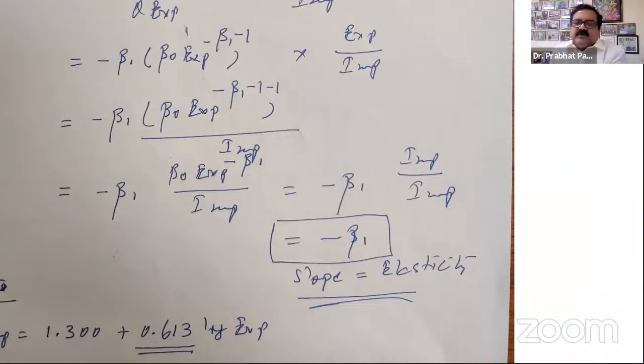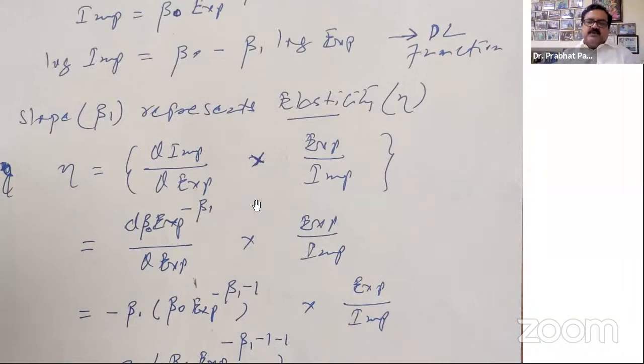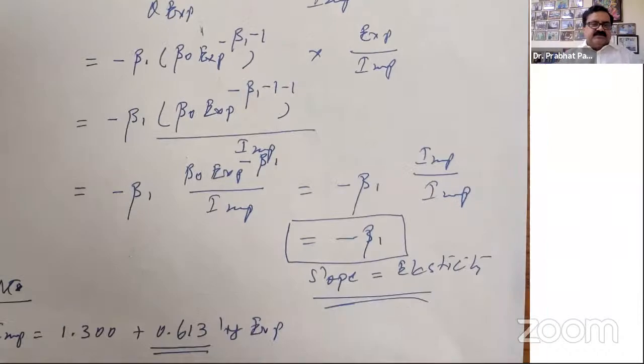So the moment you change the point on the curve, the elasticity differs. But in a non-linear curve, the elasticity remains constant wherever you pinpoint on the curve. And therefore, if you take log on both sides, the slope itself actually becomes the elasticity, while in a normal linear curve, the slope is not the elasticity. So you have to multiply the slope with the point, and then you get the elasticity. That is the point which is proved here in this regression.